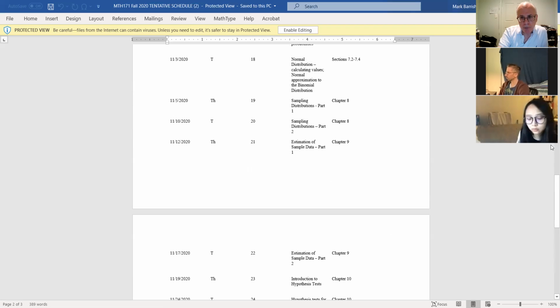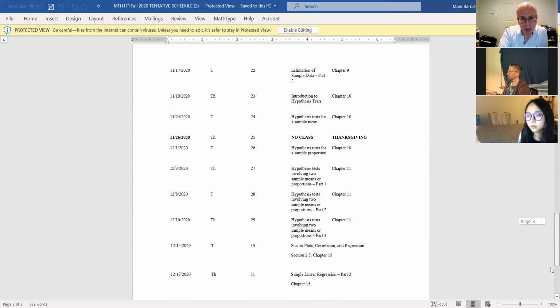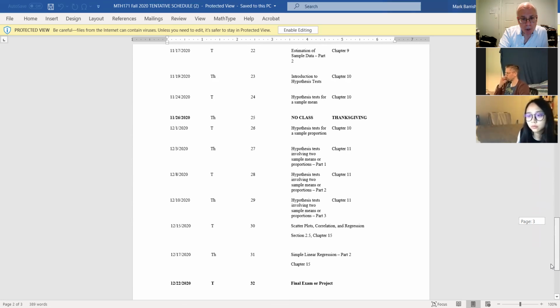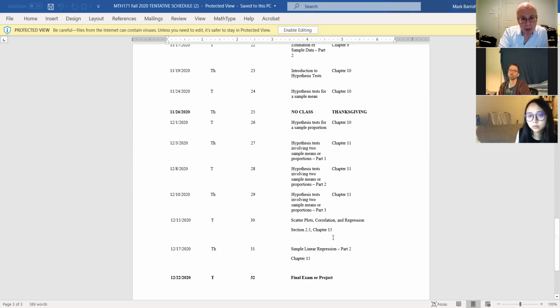So chapter 9, chapter 10, and if we cover something in chapter 11, that'll be in there too. And then linear regression, which is chapter 15, correlation and linear regression. There's also a little section in chapter 2 that we skipped on scatter plots and correlation, which we'll go back to. But definitely we have to cover linear regression in some way. So I will make sure that you get that background too.